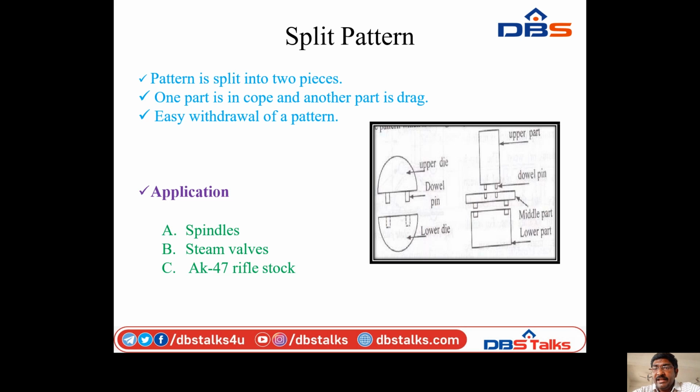So we can see the diagram. The pattern is split into two pieces. One part is cope, another part is drag, so the pattern can be easily withdrawn. Applications of split pattern are spindles, steam valves, and AK-47 rifle stock.